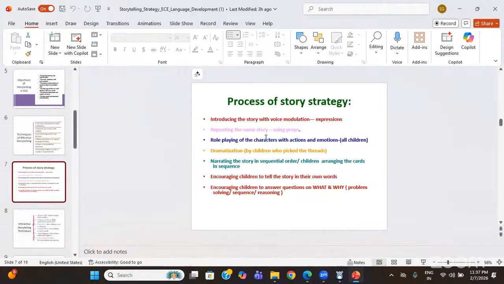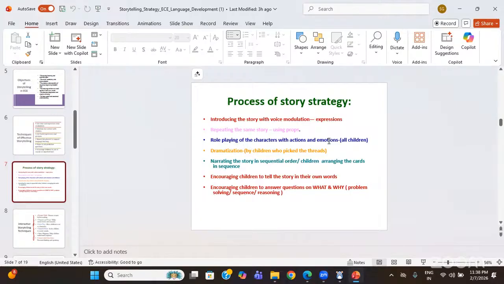Here you can see, first, you can introduce the story with voice modulations and expressions, and then repeating the same story using flashcards, storybooks, or some puppets, etc., and then role playing of the characters with actions and emotions.